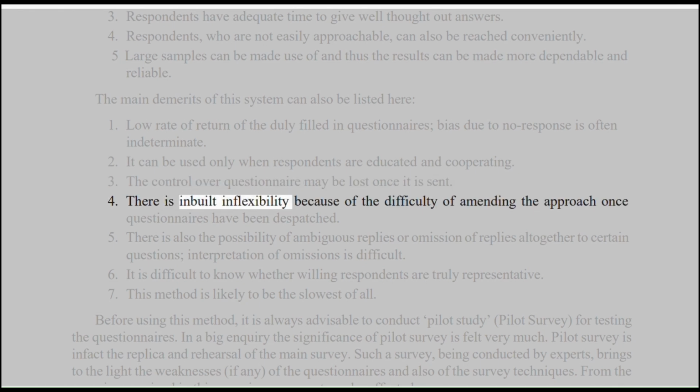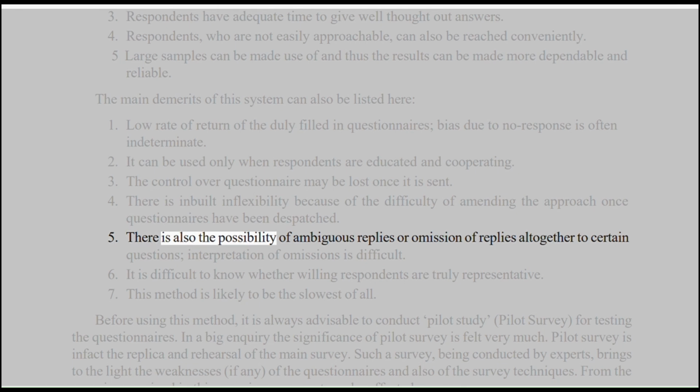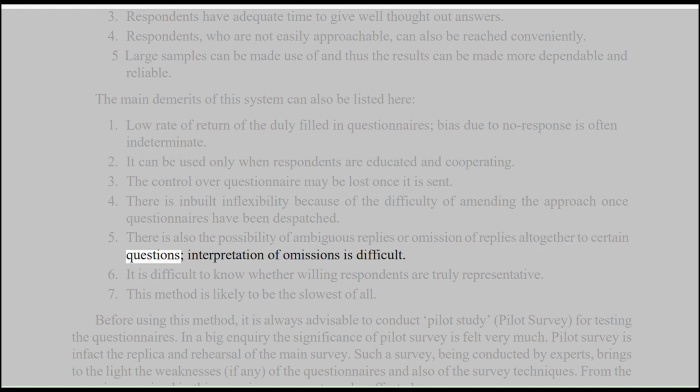There is inbuilt inflexibility because of the difficulty of amending the approach once questionnaires have been dispatched. 5. There is also the possibility of ambiguous replies or omission of replies altogether to certain questions. Interpretation of omissions is difficult. 6. It is difficult to know whether willing respondents are truly representative. 7. This method is likely to be the slowest of all.